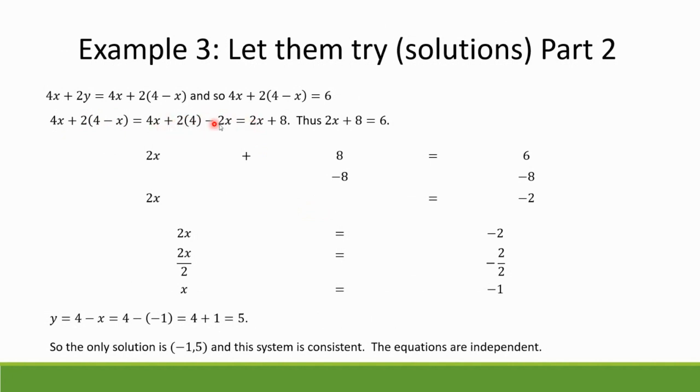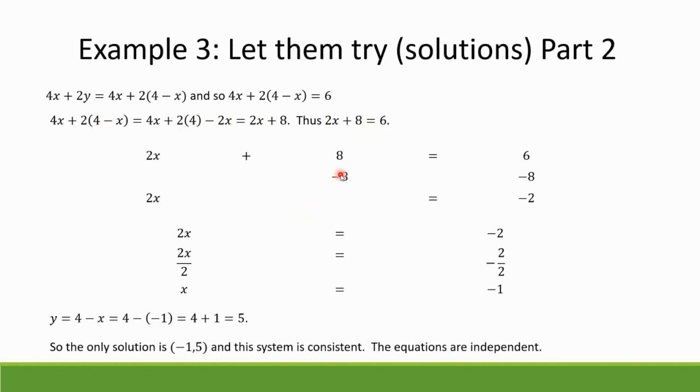If you combine like terms, we get 2x plus 8. So 2x plus 8 is 6. And now let's solve for x. If the steps you did were slightly different, that's fine. As long as what you do is correct, I'm not going to mark it wrong.